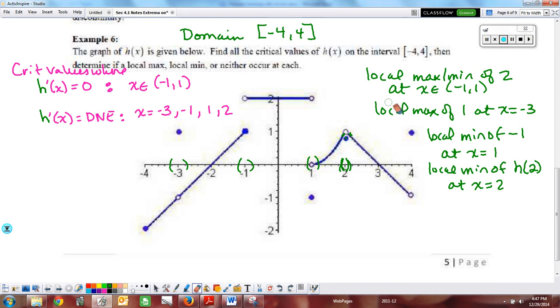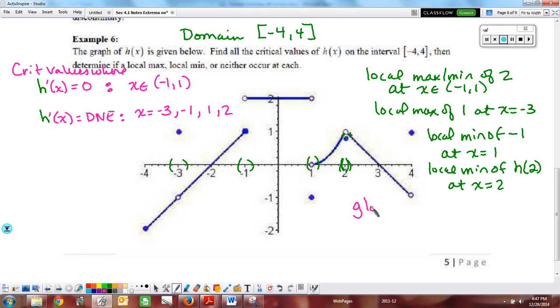All right, so we've done that and we have our local maxes and mins. Now, just because we're here, let's talk about our global max and min on the closed interval of -4 to 4. We're not guaranteed to have a global max and a global min, but we may. So if we look through these, up here would be our highest y values. There are none higher.